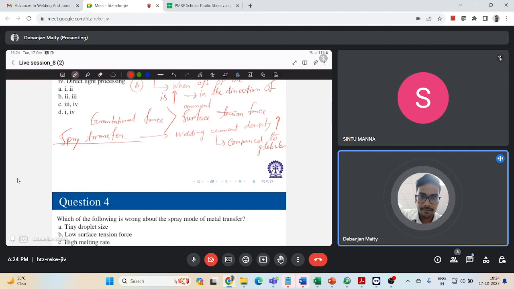So here your droplets will be very small in size, and high welding current increases the temperature. Because it increases the temperature, it will lower the surface tension force, right?